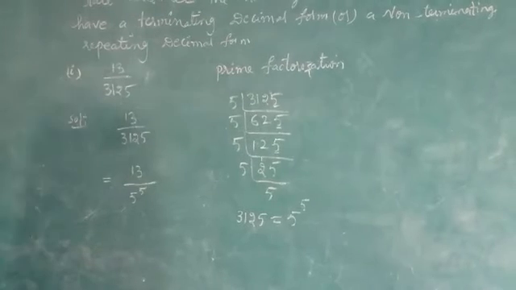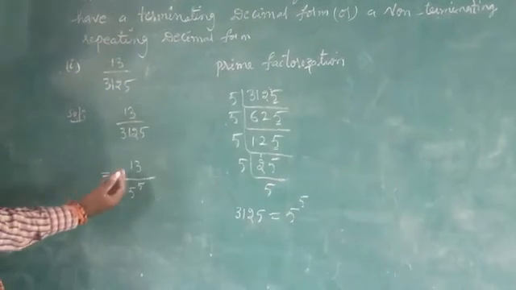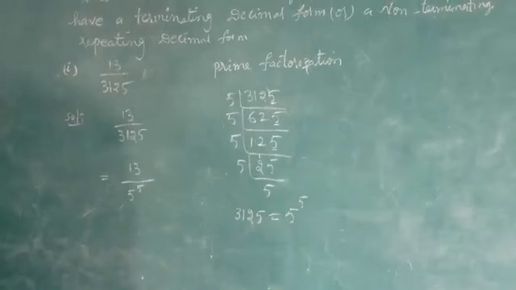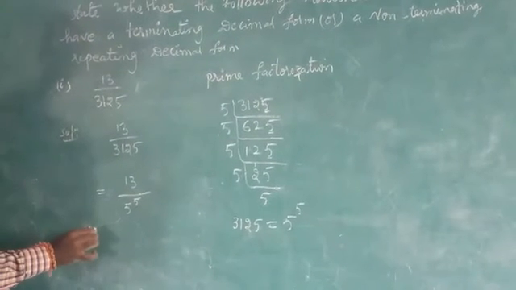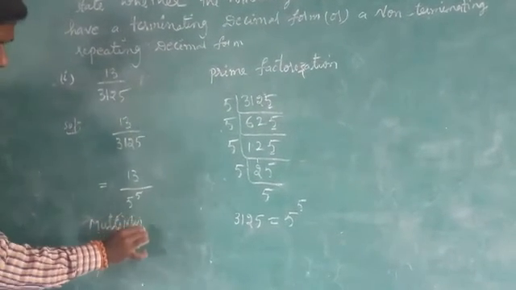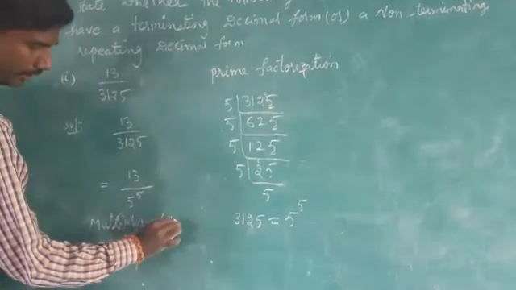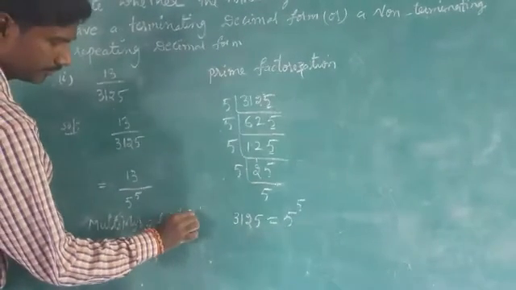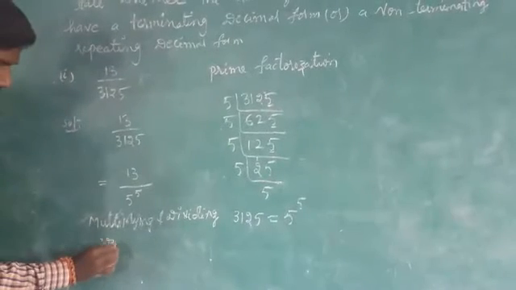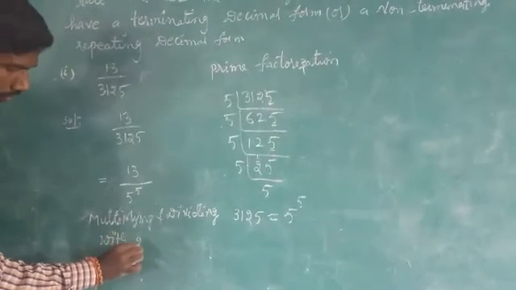So here what I am doing is multiplying and dividing with 2 to the power of 5.